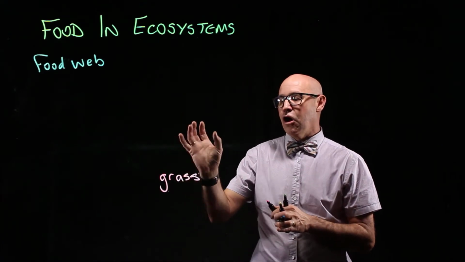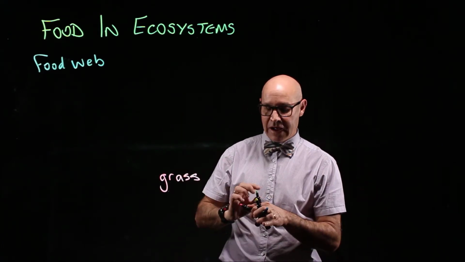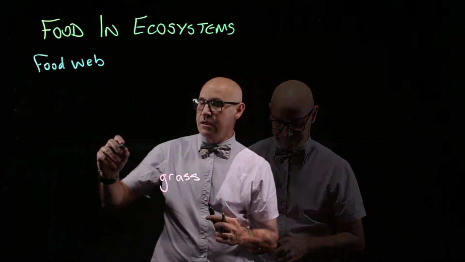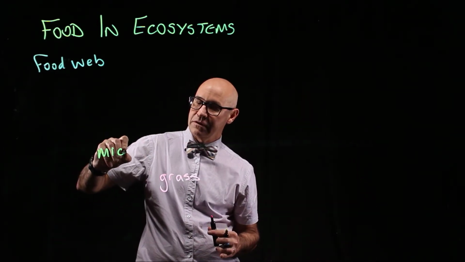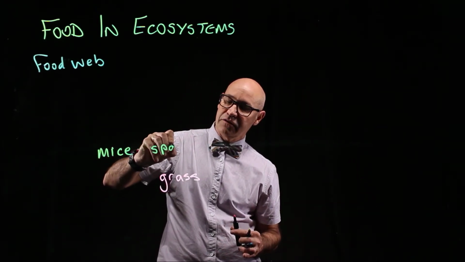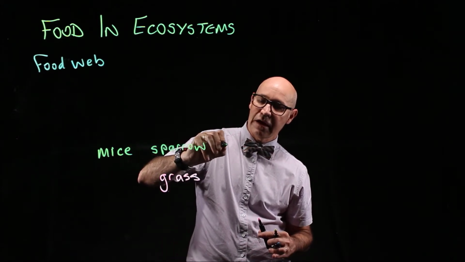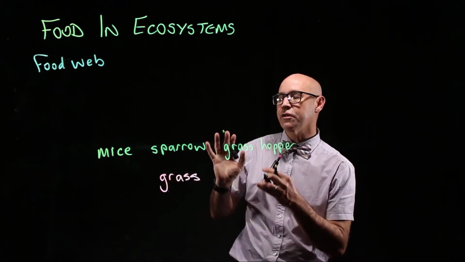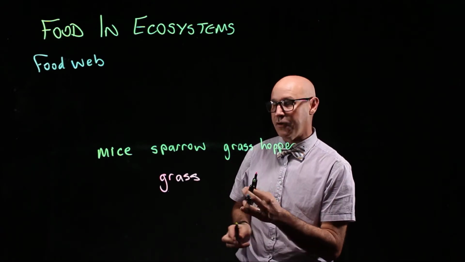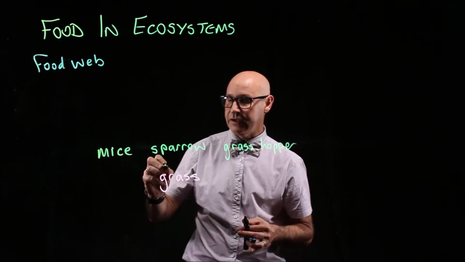So, our herbivores that eat the grass, we're going to have three. We're going to have mice, sparrow, and grasshopper. So we've actually got three different types of herbivores that eat the grass.